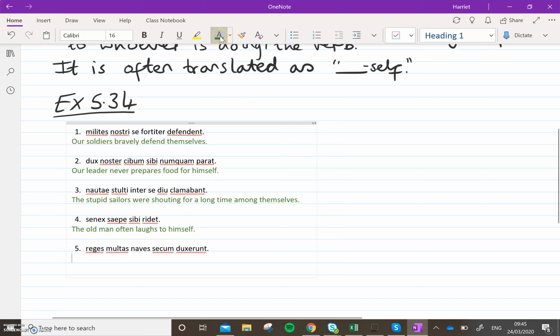And then number 5, the kings led many ships with them. If you translated this as many kings, look at that ending. Multas is accusative and it's feminine, and those kings are nominative and masculine. So be careful there. Any questions, boys? Let me know.